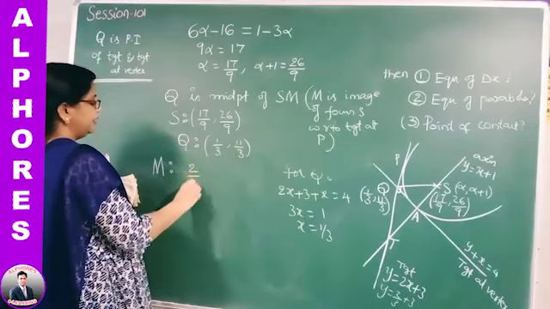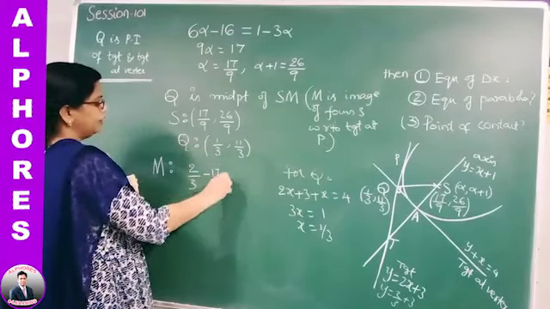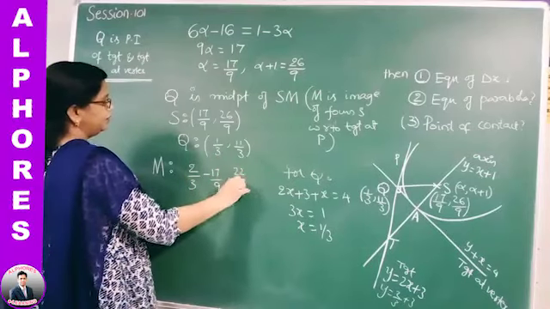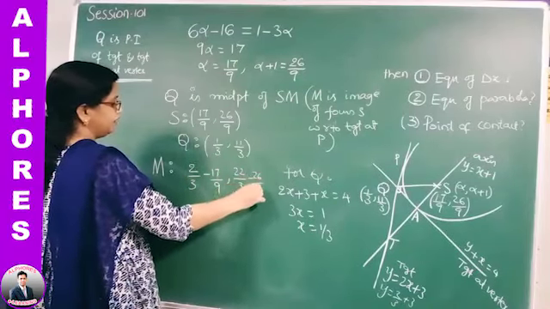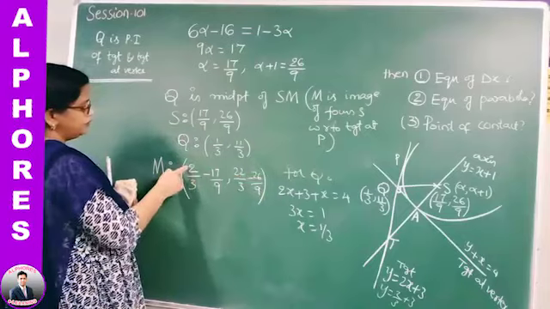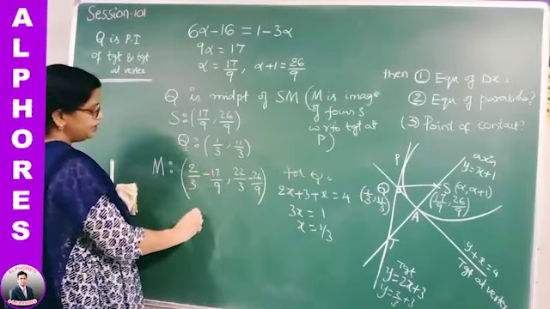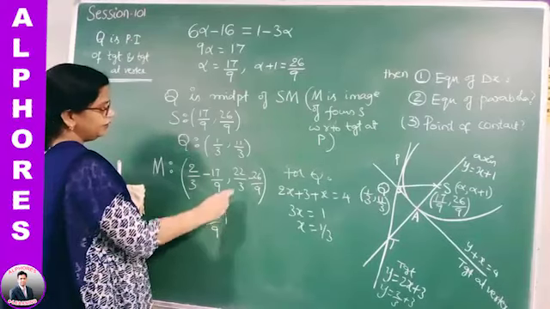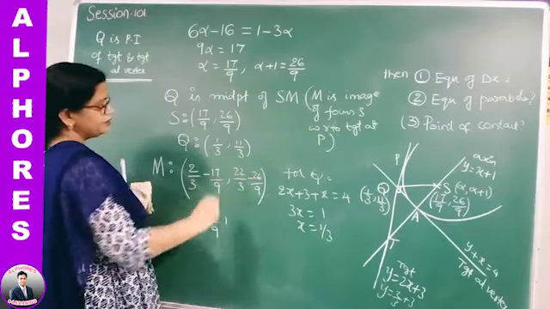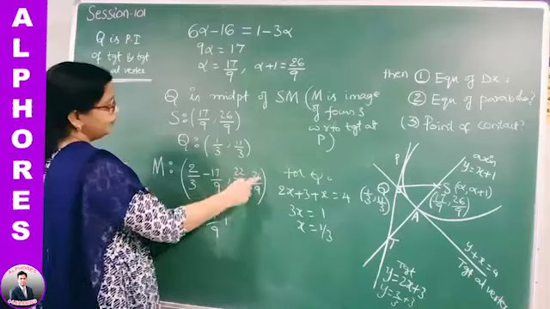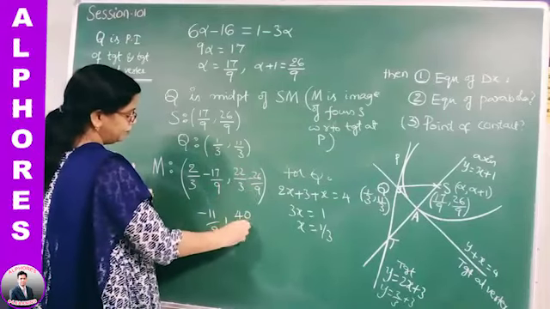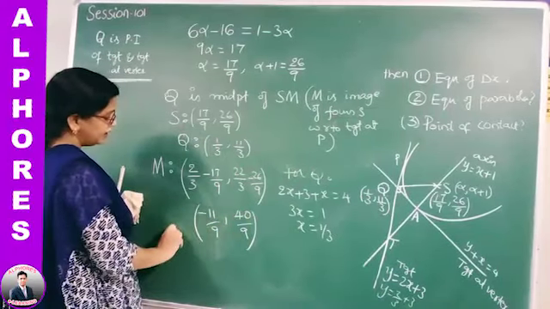So 2/3 minus 17/9 comma 22/3 minus 26/9. Then 6 minus 17 means minus 11 divided by 9, and 66 minus 26 is 40 divided by 9. So these are coordinates on the directrix.